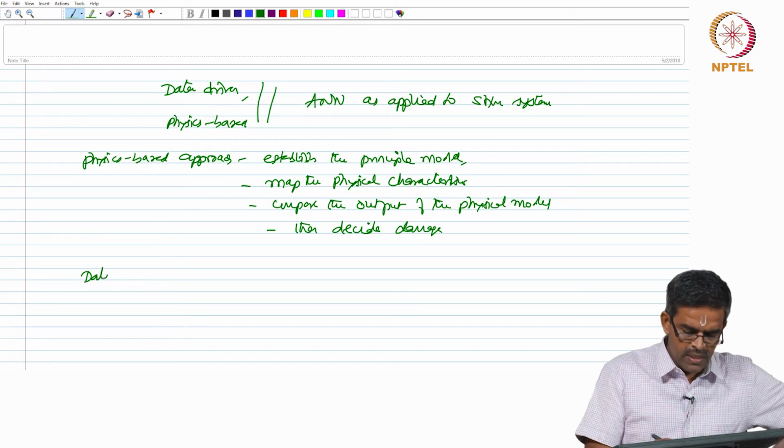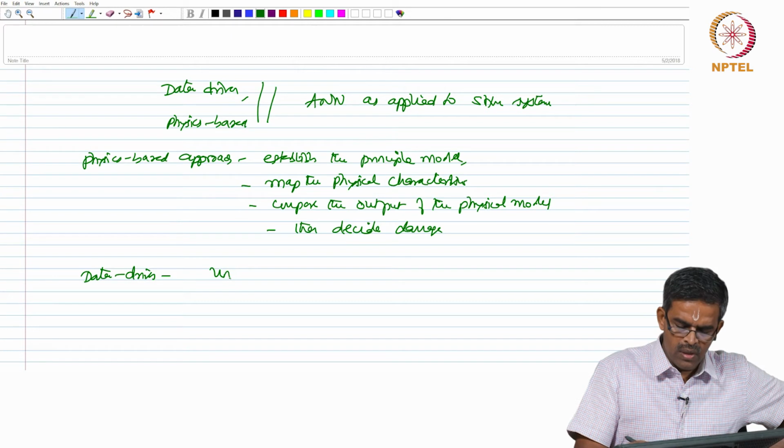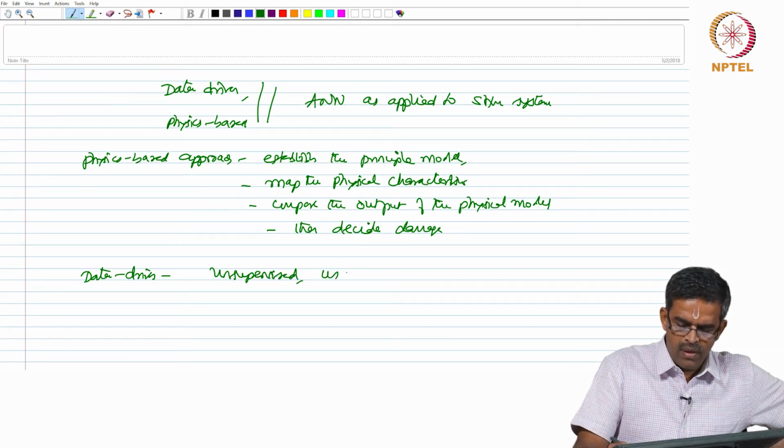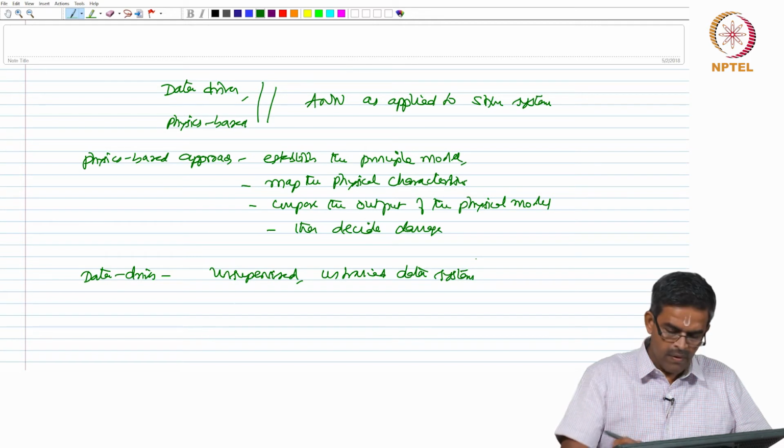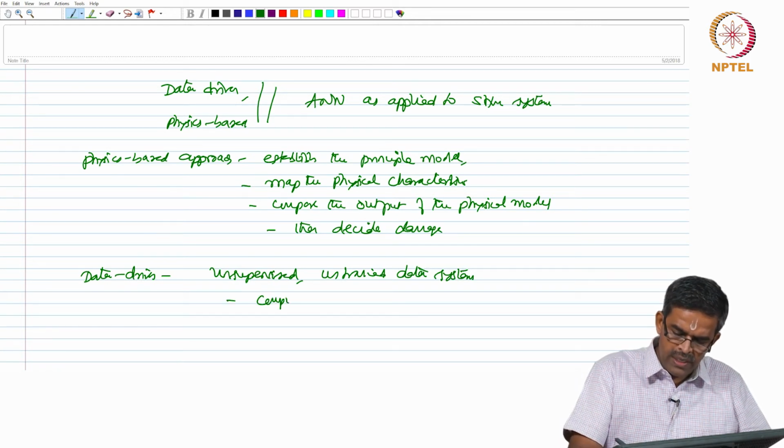Whereas, the data driven approach is similar to an unsupervised, untrained data system, which is of course computationally intensive.